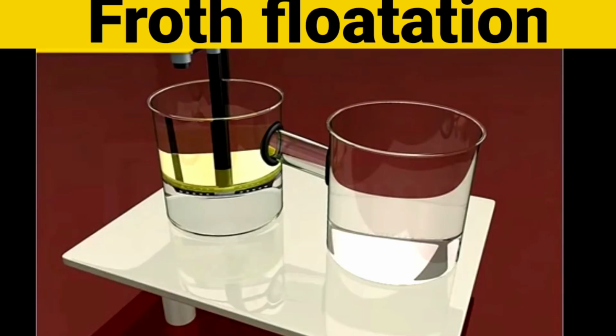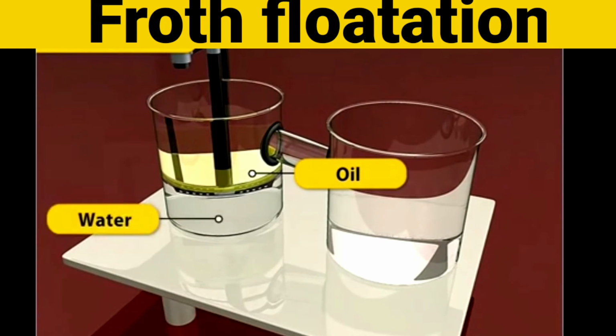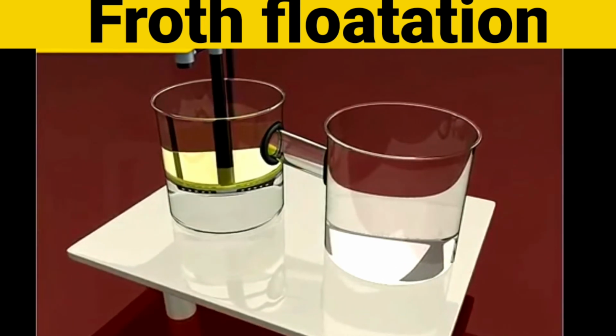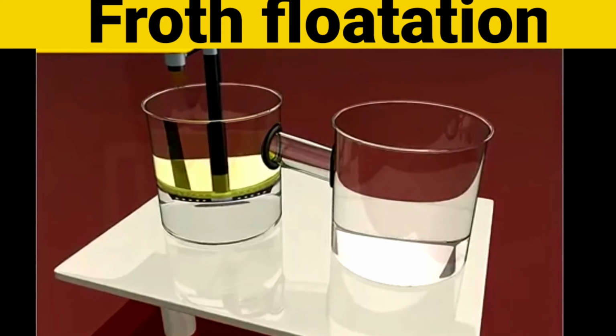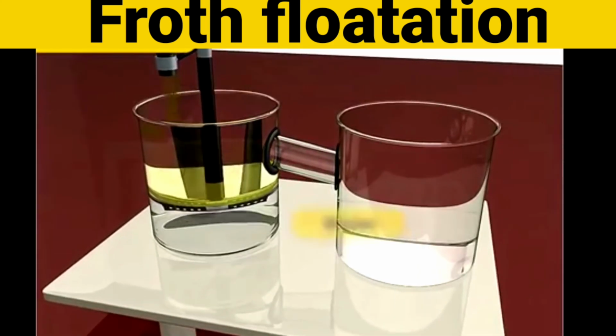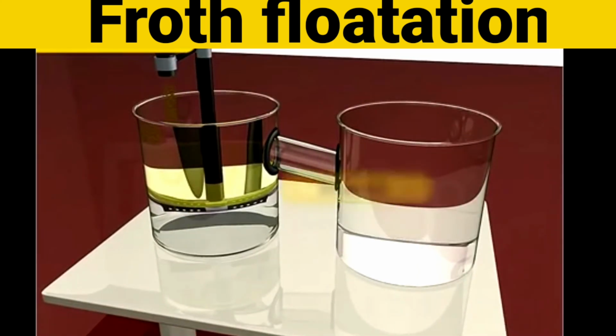The next method is the froth flotation process. The sulfide ores are separated, in which the ore particles are wetted by oil and the gangue particles by water. The powdered ore is mixed with water and some amount of pine oil. The mixture is then agitated by blowing compressed air.